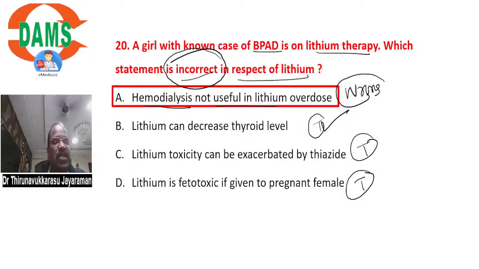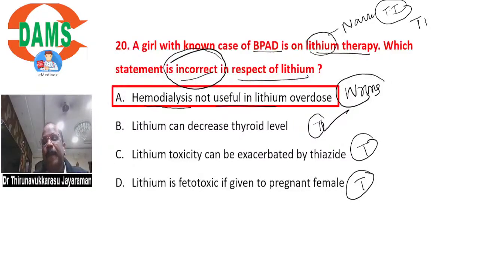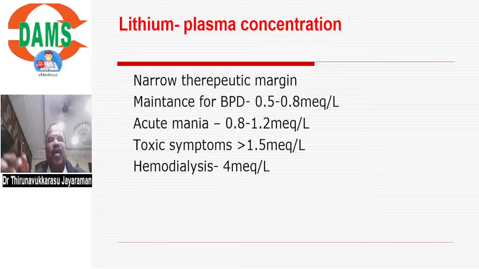Now, the question is, when you say lithium has a narrow therapeutic index, it needs to be monitored. We do TDM. My question, when will you plan for hemodialysis in case of lithium overdose? What is the indication to do dialysis in lithium poisoning? For example, look here. Lithium has a narrow index, you should know the range.